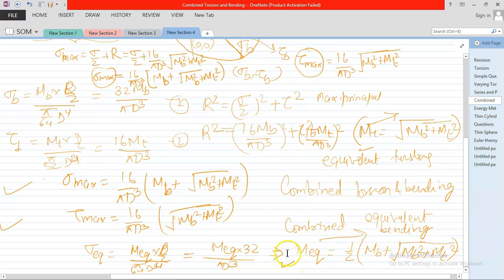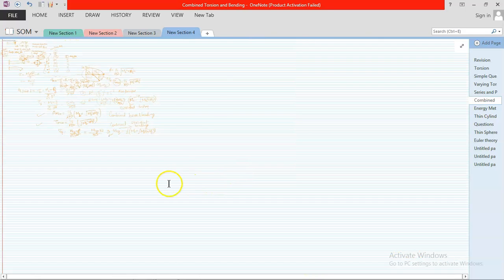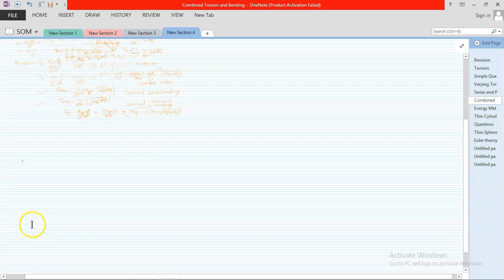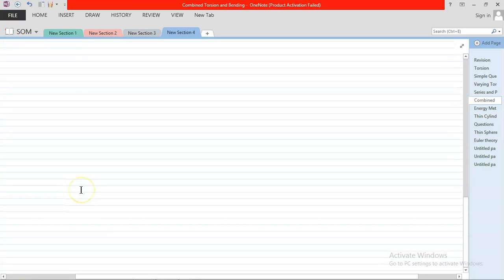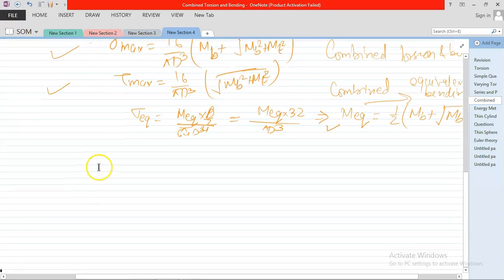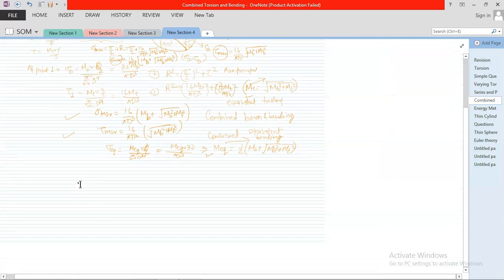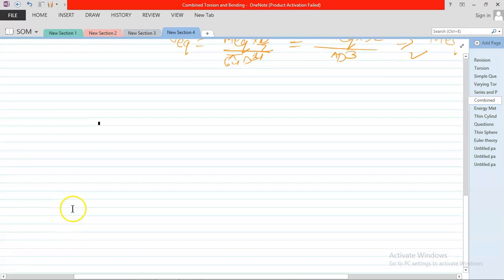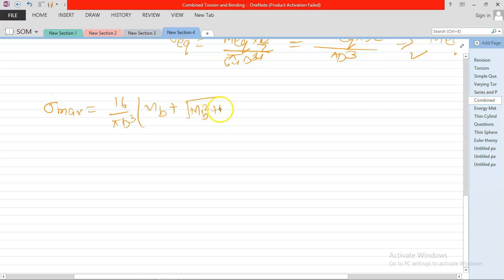So what we learned in combined torsion and bending, let me write it. Sigma max is equal to 16 by pi d cube, Mb plus under root Mb square plus Mt square.